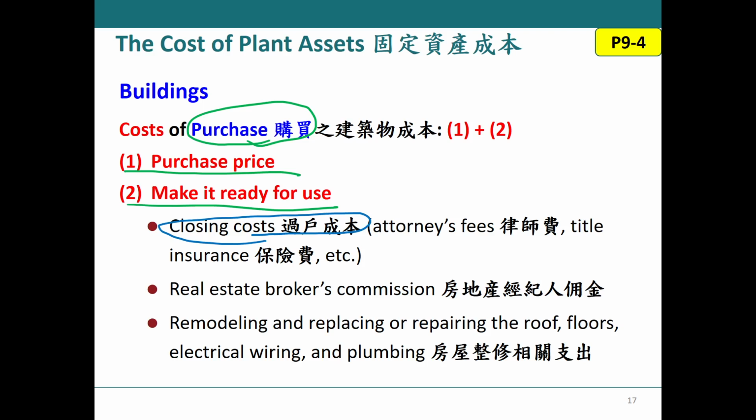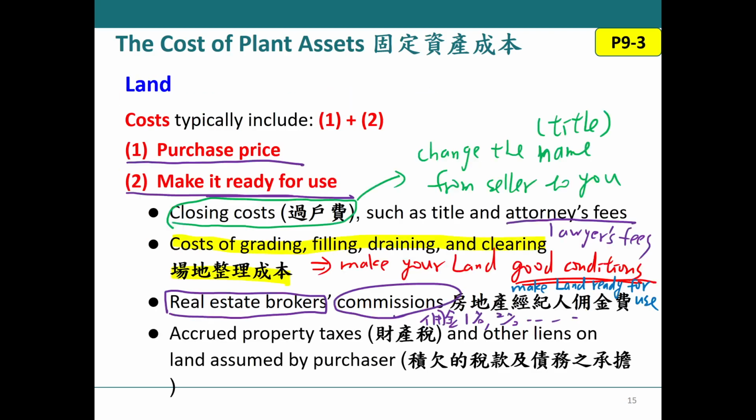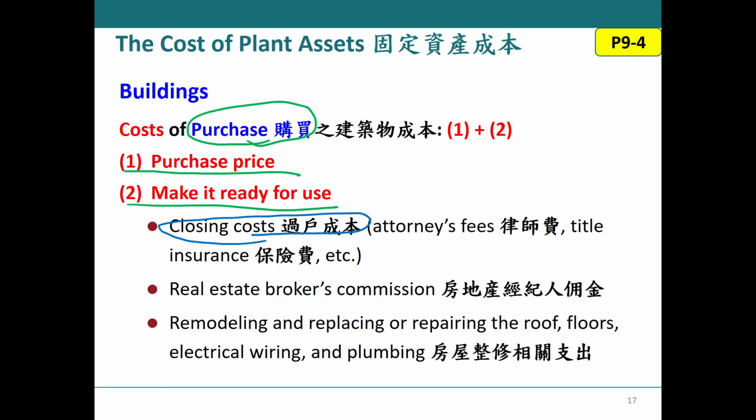Also, you want to make your buildings have a good conditions, right? So like land, you should do what? Something to make them have a good conditions. So land, you have to do what? Grading, filling, dredging, clearing. 整修、填平、打扫干净等等。How about buildings, the same. You want to make it have a good condition.